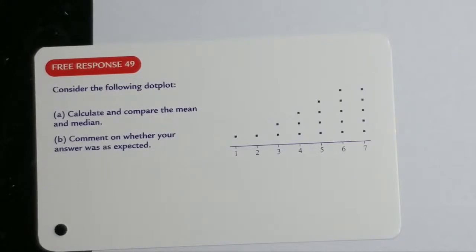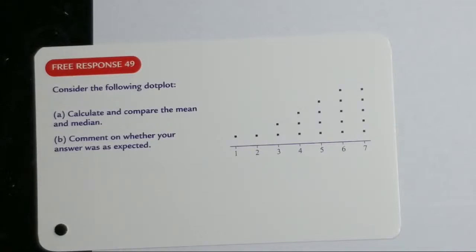Now, in terms of the shape of this particular graph, it is skewed to the left. And because it is skewed to the left, the mean has most likely been pulled to the left, or pulled towards the lower numbers. That's the expectation based on the shape of that graph. And that's something that you could comment on in part B, which we'll get to in a moment.